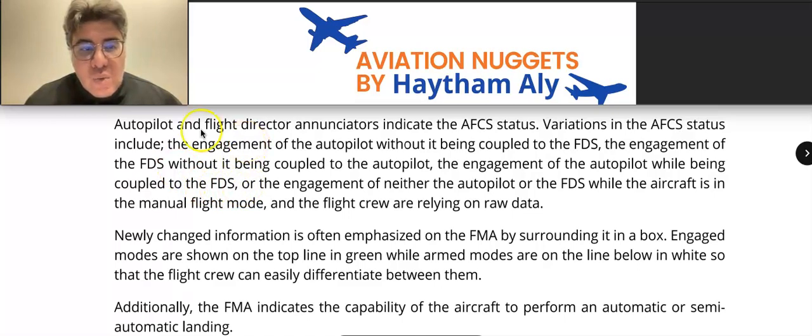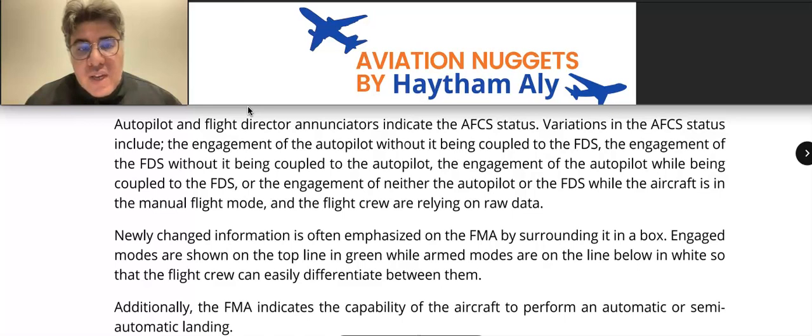Let me tell you what is the difference between autopilot and the flight director. Autopilot is the part that operates the flight controls. Physical manipulation of flight controls happens by the autopilot. But the flight director has no physical manipulation of the flight controls.